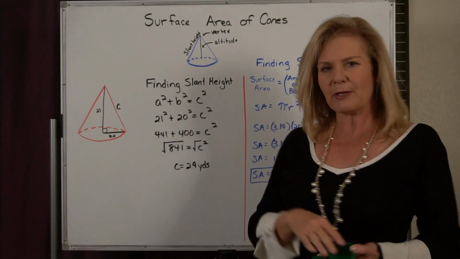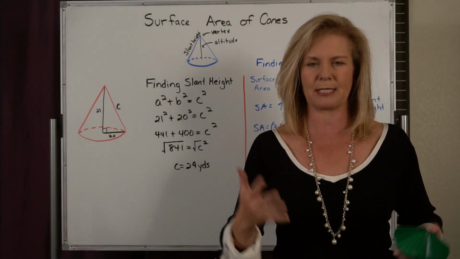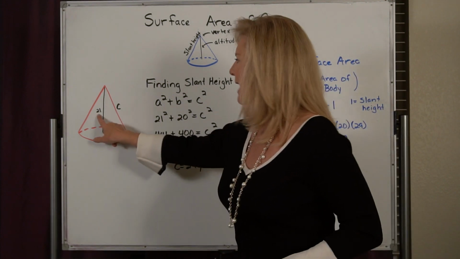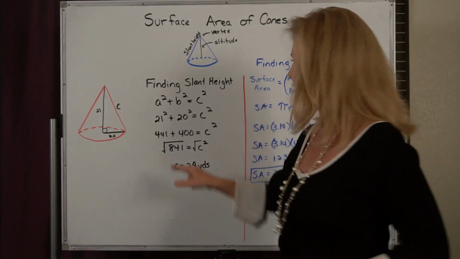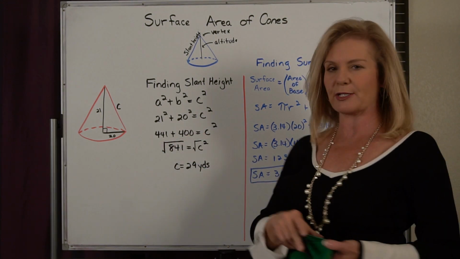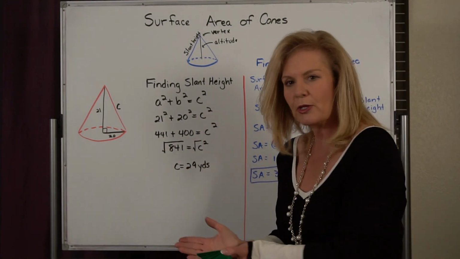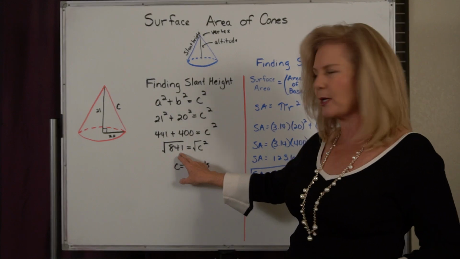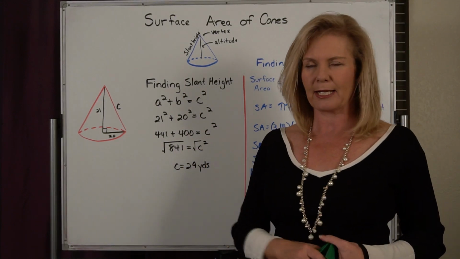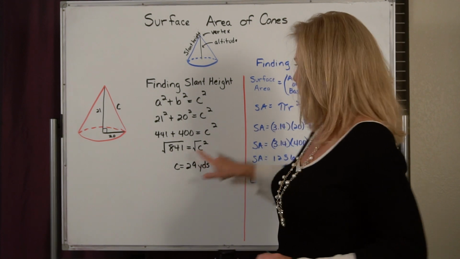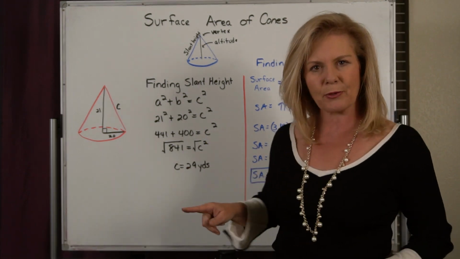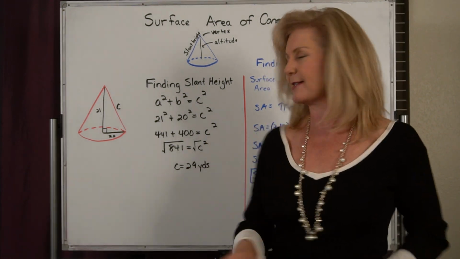So I put in my Pythagorean theorem of a squared plus b squared equals c squared. I see my a is 21, my b is 20, so when I square those I get 441 plus 400. When I put those two together I get 841 equals c squared. Now remember, we don't want c squared, we want c. So the way we reverse that operation of squaring is by taking the square root.